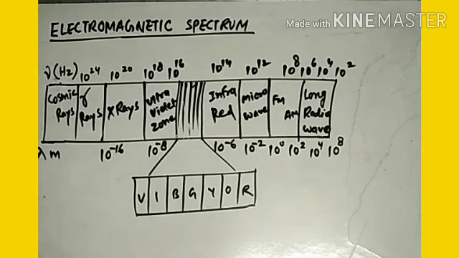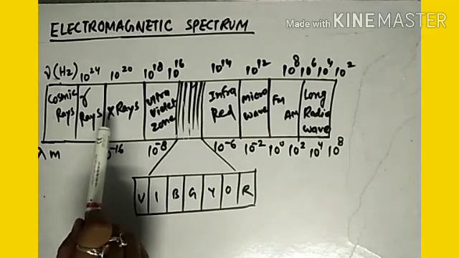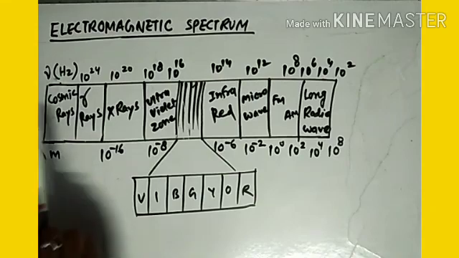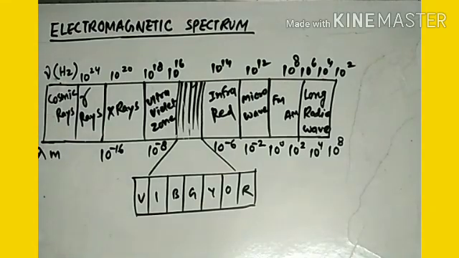So it's a very high, you can say, frequency rays। और एक्स रेज के बाद आते हैं गामा रेज, और गामा के बाद आते हैं कॉस्मिक रेज। कुछ इस तरह से हम इलेक्ट्रोमैग्नेटिक स्पेक्ट्रम को जज कर सकते हैं, ऑलराइट?